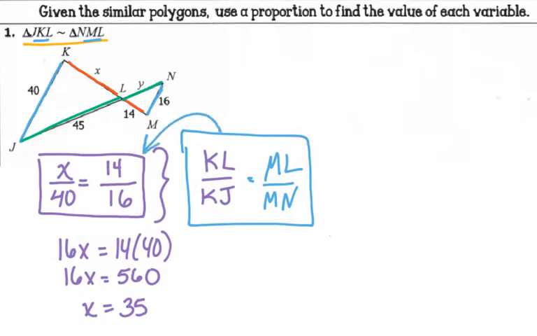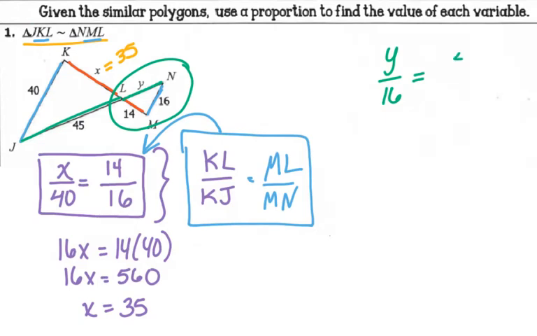So we're going to set up a similar proportion, except we're going to solve for y, which is representing LN. So I'm going to take any 2 sides. Now that we've solved for x and we found out that x equals 35, you can choose any 2 sides on this triangle. I'm going to choose y and 16. I have to choose the side that corresponds to y on the other triangle.